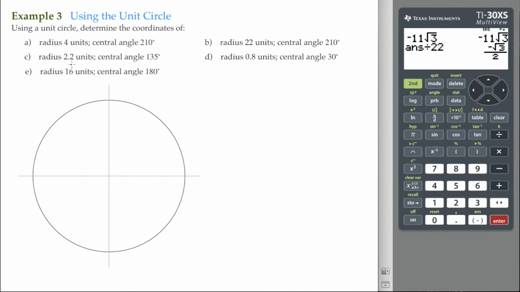A radius of 2.2 units and a central angle of 135 degrees. So 135 degrees, that's going to be right up through here. This 135 degrees, that's 90 degrees plus another 45 degrees.